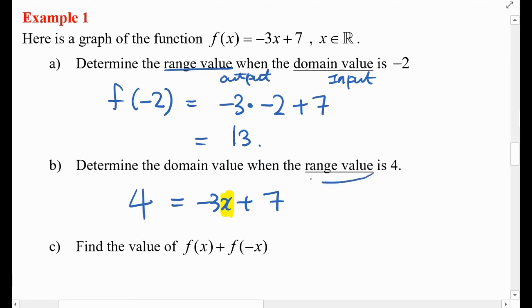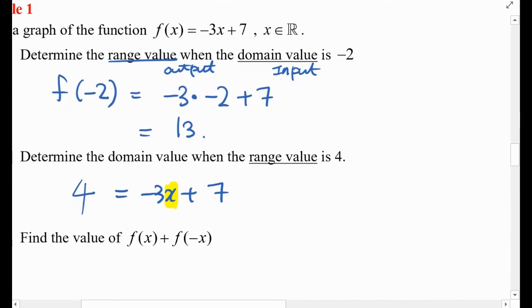So if the question asks you to find the range value, you substitute the whole f of x with the range value. There was f of x, you substitute the whole thing with 4. If it is an x value, an input value, just simply plug the number into the bracket. But if it's a range value, you substitute the whole f of x with the range value.